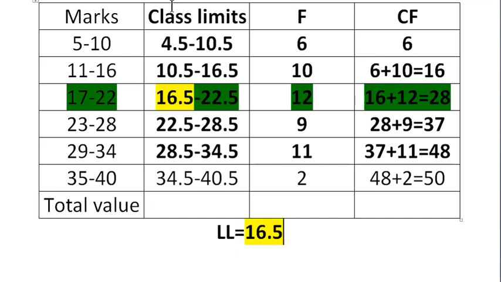If you take it under this class limit, 10.5 minus 4.5 is 6. 22.5 minus 16.5 is 6. 28.5 minus 22.5 is 6. So we can now conclude that the class interval is 6. You can equally take it from the upper limit, 16 minus 10, which is 6, 22 minus 16, which is 6, and so on.